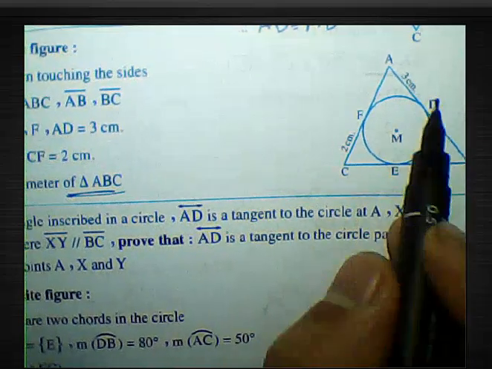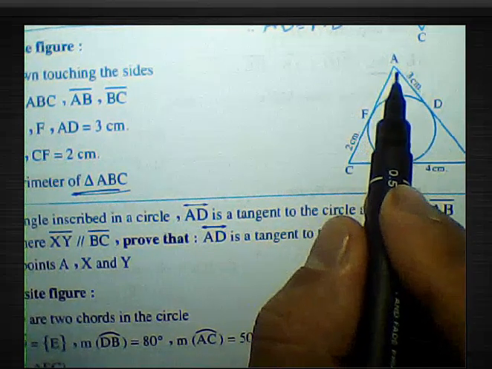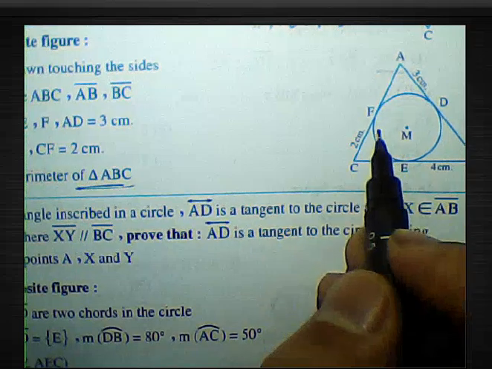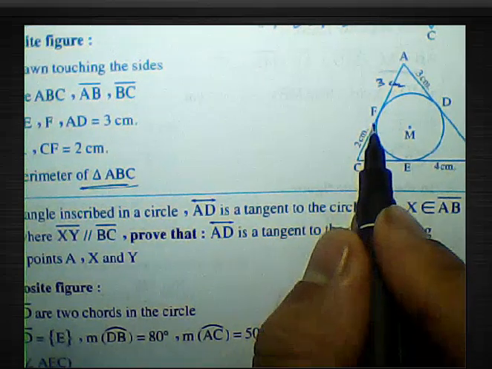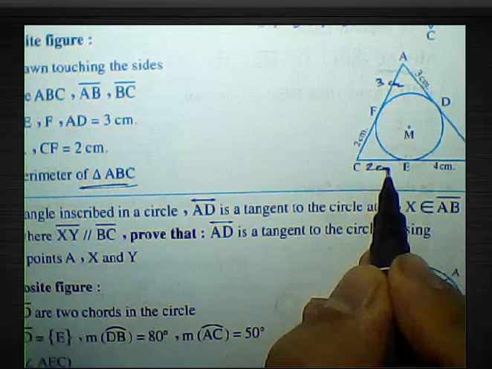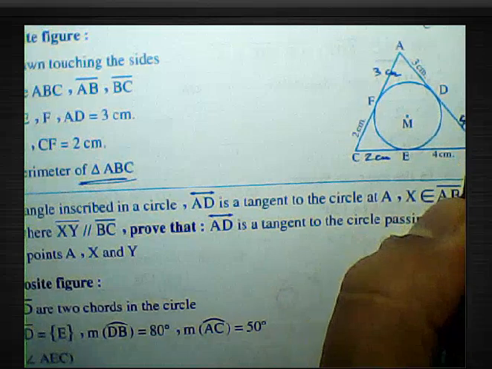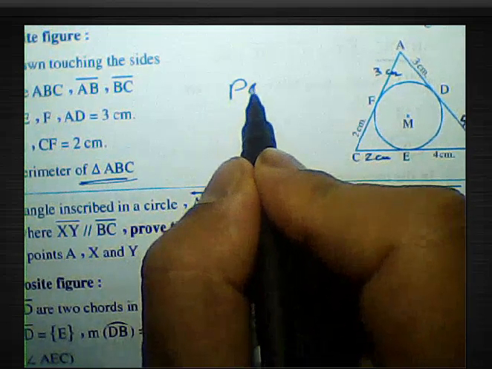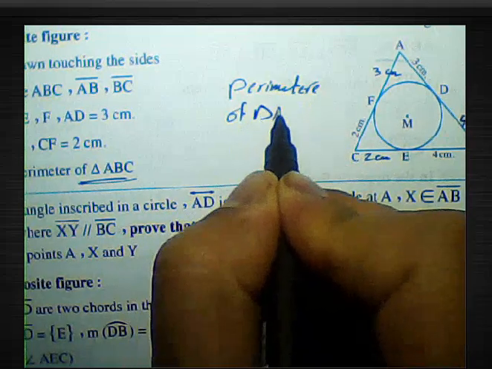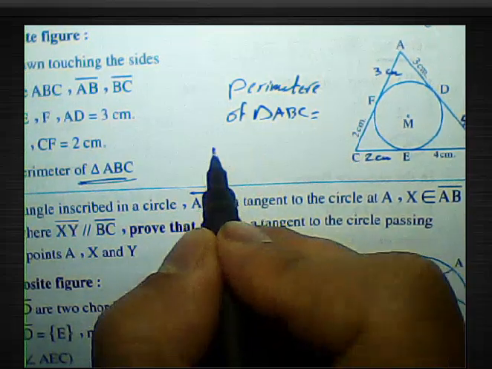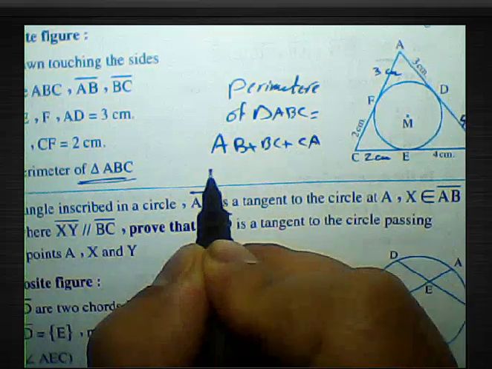Look at here, you want to find the perimeter of triangle ABC. We have AD and EF, two tangents drawn from the point A. Then AD equal EF equal 3 centimeters, and CF equal CE equal 2 centimeters, and PD equal PE equal 4 centimeters. So the perimeter of triangle ABC equal AB plus BC plus CA.